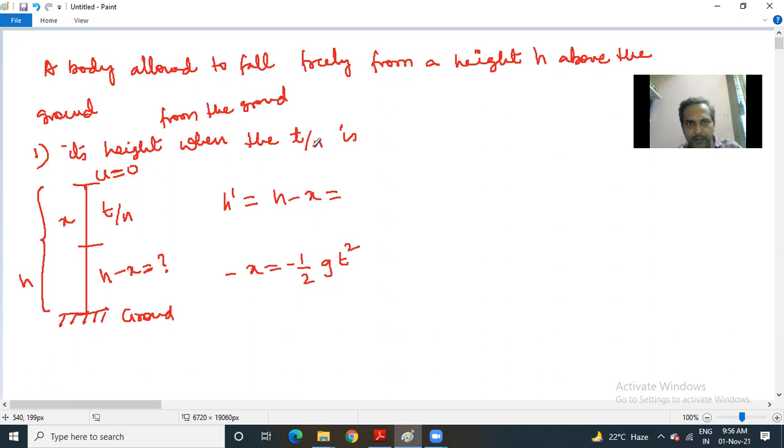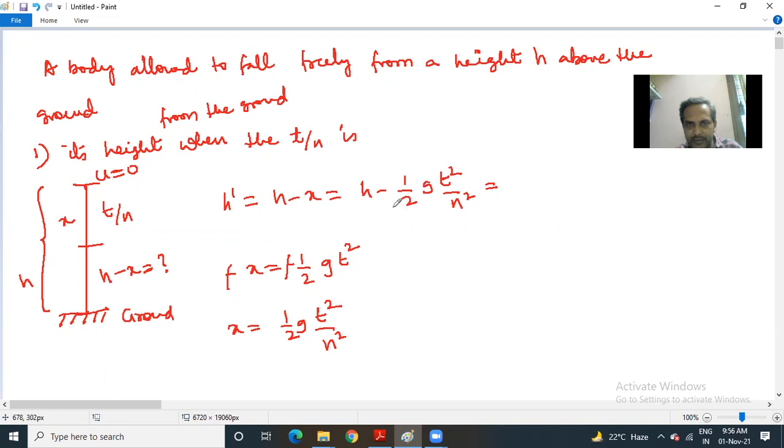The time is given as t by n. So this negative cancelled, and x is equal to half g, since t is t by n, so it will be t square by n square. Substitute here: h minus half g t square by n square. Take out common.